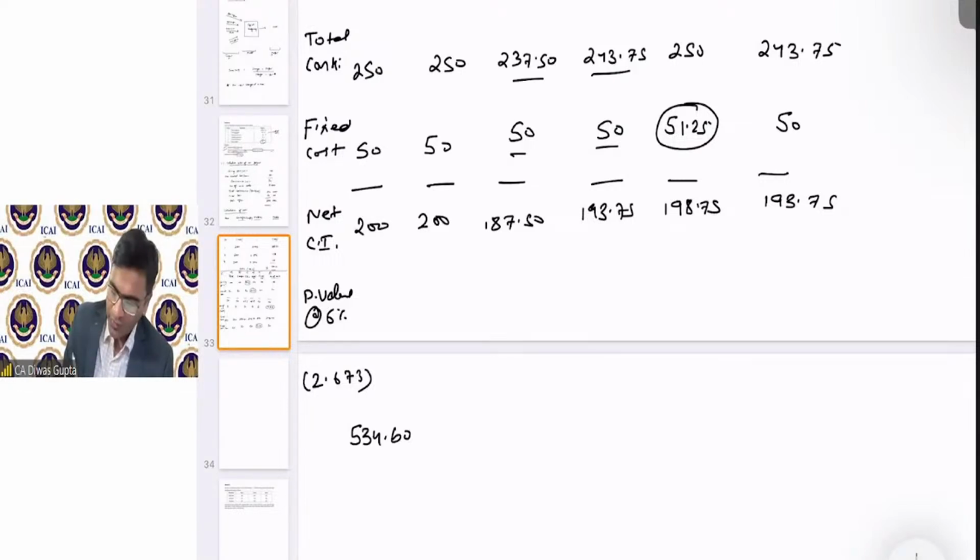Then the next column will be 501.19. Then the next column will be 517.89. Then the next column is 531.26. Lastly, it is 517.8.